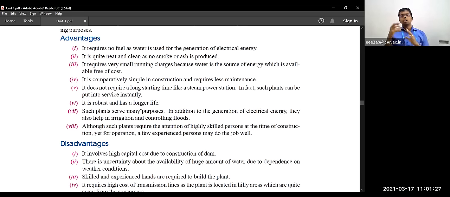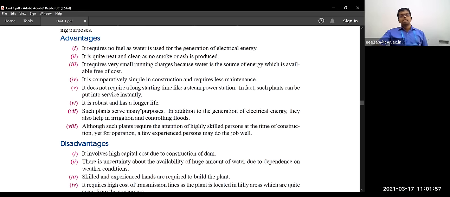So yes, you need to go for maintenance once or twice a month. Otherwise, nothing you need to replace. In a steam power station, boilers need frequent maintenance, and turbines also need frequent maintenance. Whereas in a hydropower station, only the turbine.